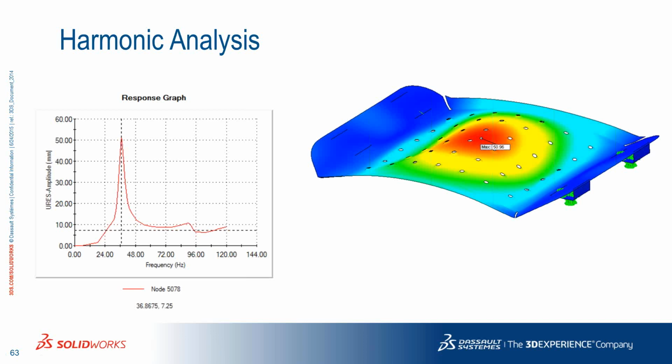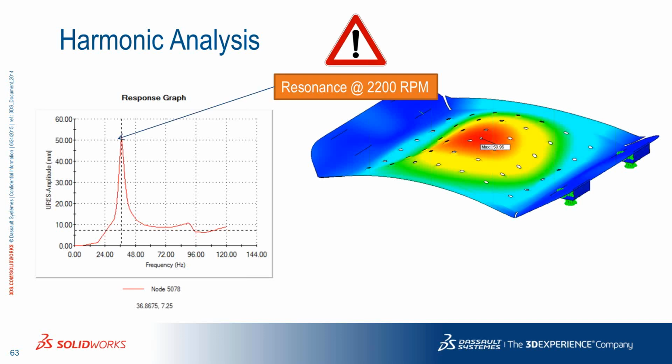So that might still be acceptable. It's not a whole lot, but this gives me an idea as to whether the operating speed of the motor is acceptable or not. The resonance takes place at about 2200 RPM, and clearly simulation is telling us what the end effect of that is going to look like, 50 millimeter of displacement. And if that is acceptable, we can still let the motor operate in that RPM range.